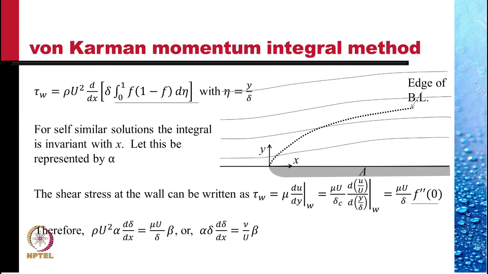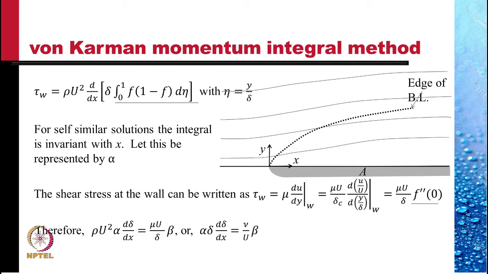Therefore, rho U square alpha d delta by dx is mu U by delta times beta, where beta is f double prime 0, that is d of non-dimensional u by capital U with respect to y by delta.